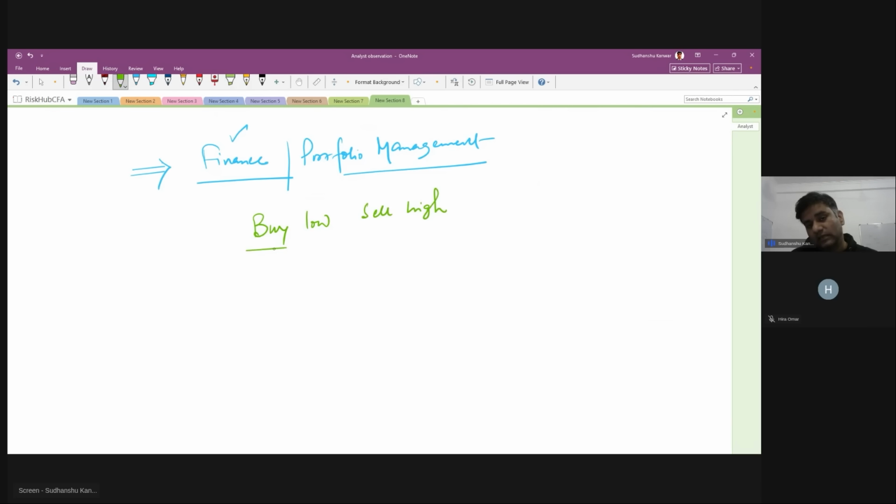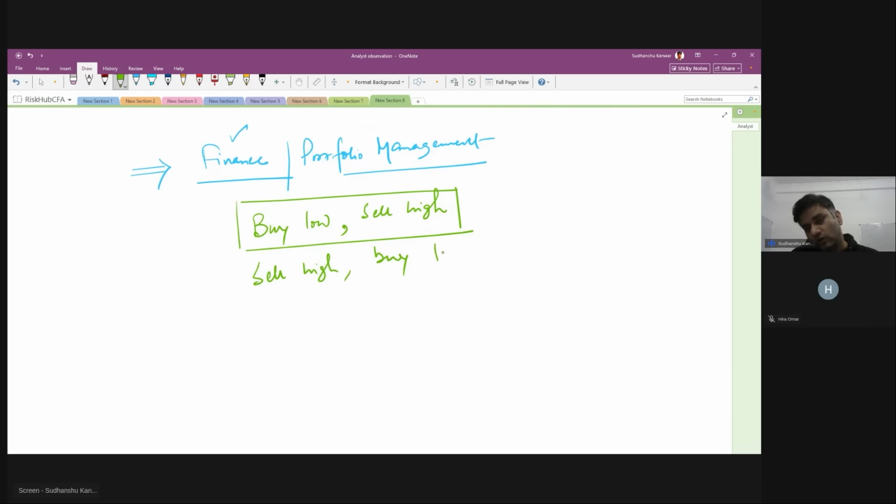This is the crux of learning everything. You are learning CFA, or everything in finance, to do this only: how do I identify an undervalued security, buy it, then the price goes up, then I sell it and make a profit. Or you can reverse it: sell high, buy low.